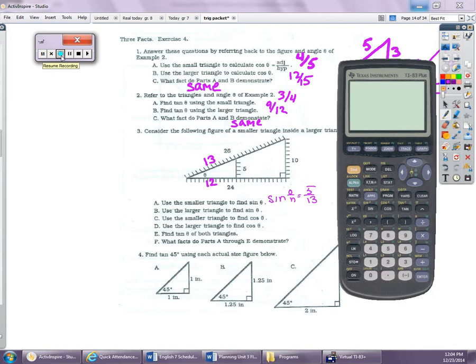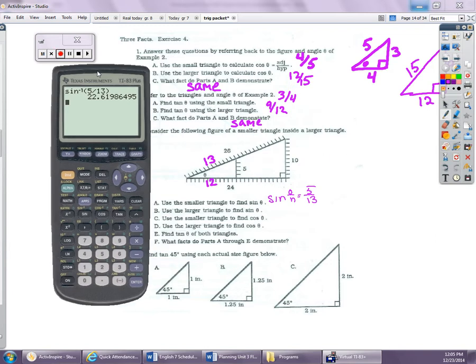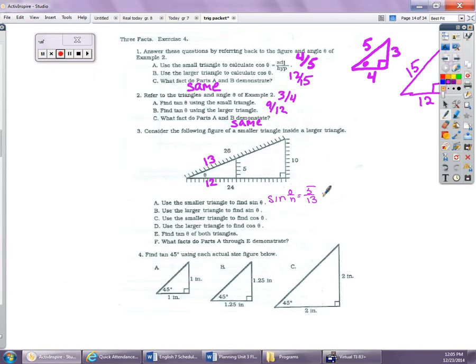To find the actual measure, we want the inverse sine of 5 over 13. So I press second sine, and it's going to give me the inverse, the degree measure. The inverse sine of 5 divided by 13 will give me 22.6. So this angle is actually 22.6 degrees.